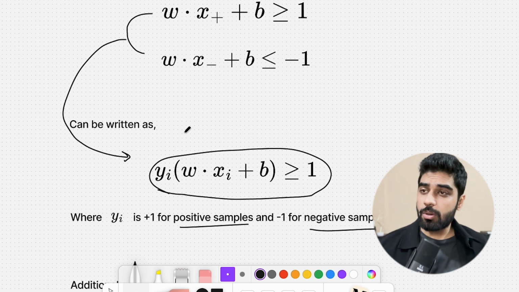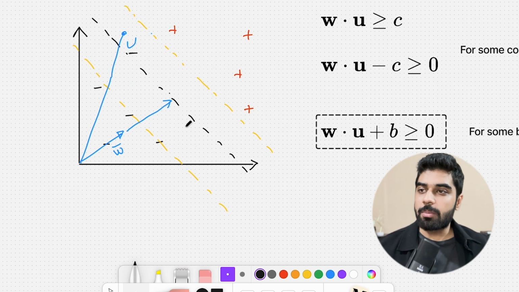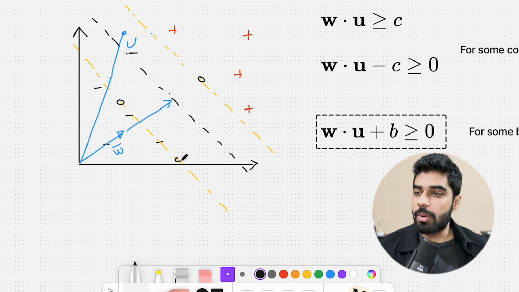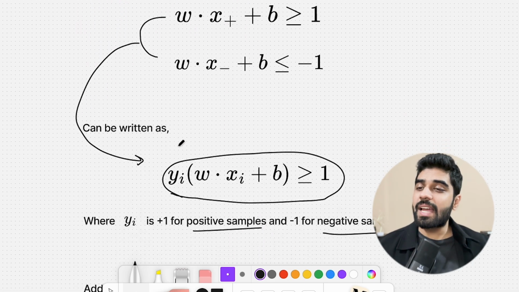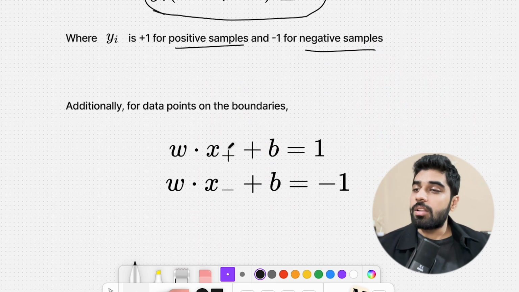But if you look closely, we have not talked about one thing. We have not yet talked about what happens if a point lies on the boundary. If points are lying on the boundary, we want to impose an additional condition: W dot x plus b is equal to 1 and W dot x negative plus b is equal to minus 1.